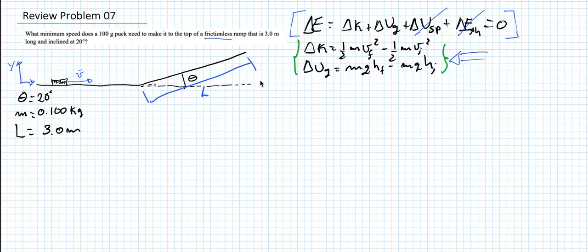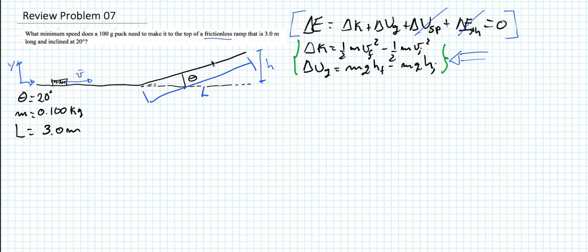That means it will increase its potential energy. Can you see that? It will gain some height here.